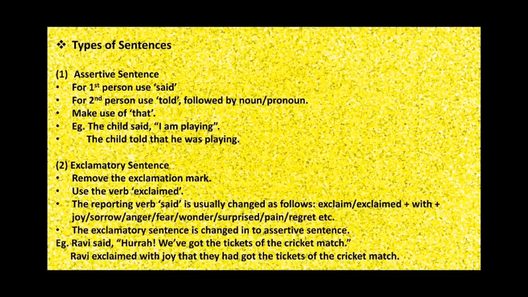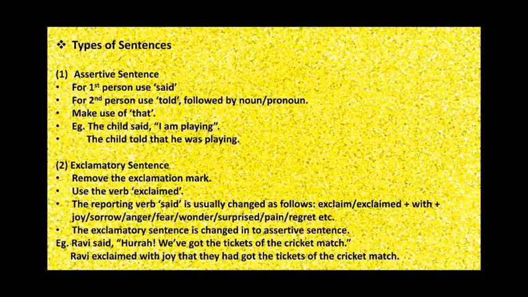Like if the first person is there, then you need to use the word said. For the second person, you need to use told, followed by the noun or the pronoun, that is whatever is following in the sentence. And make use of that. Most of the times in the indirect speech, we use that.